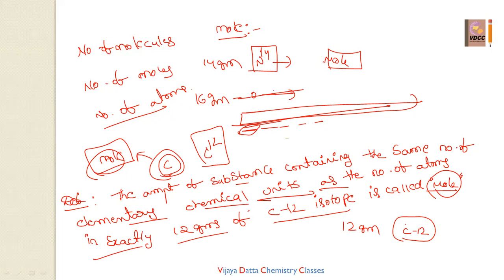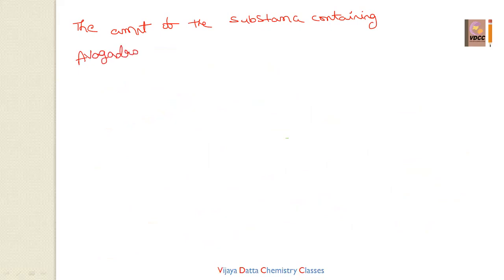Otherwise, we can go for another definition. The amount of substance containing Avogadro number of elementary chemical units, atoms or molecules.